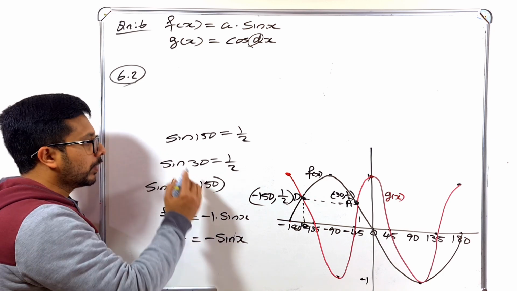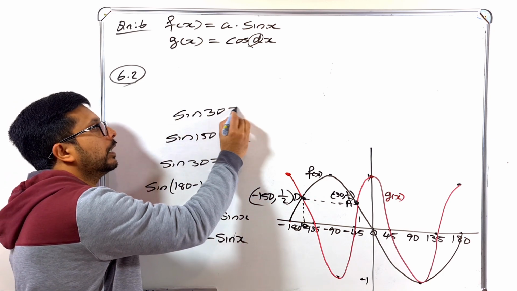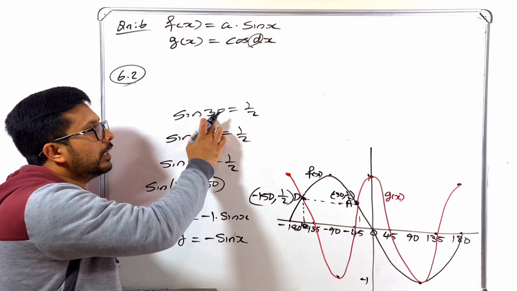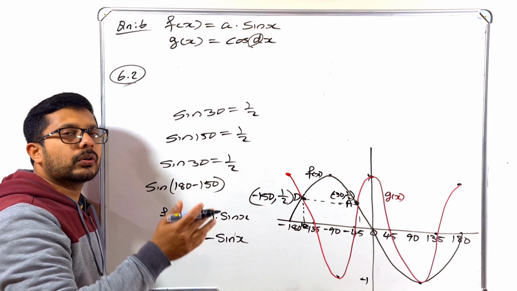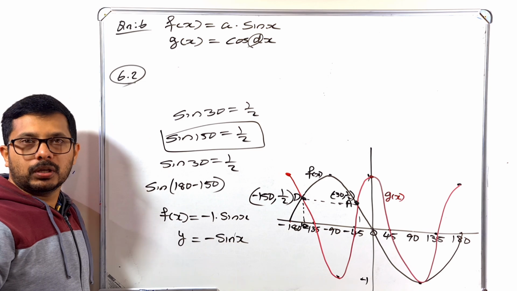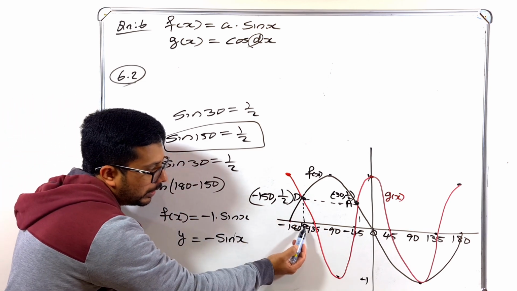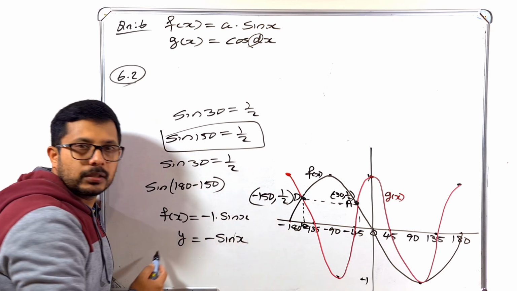So sine 30 is half, we know that. Then 30 is 180 minus 150, you can write it like that. Or sine 150, you have to know this one, sine 150 is also half. Since x is on the negative side, you have to write minus 150.